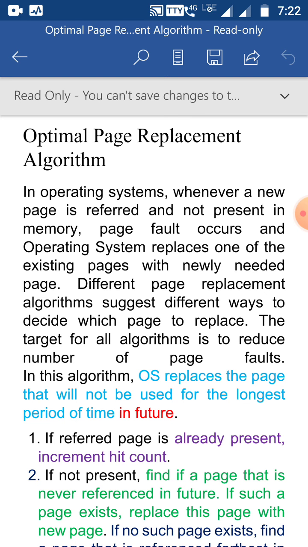So if one page is going to be replaced in a frame, that frame should not be used for the longest period of time in future. This principle is very important.